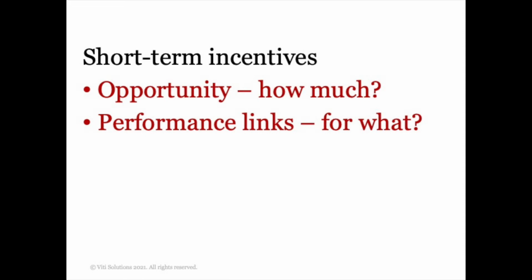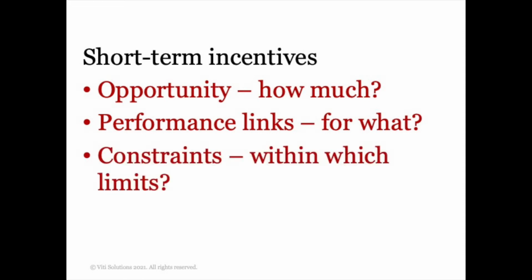And those levels will be then linked to the constraints that we put around the short-term incentive. So the first constraint will be at what point do we pay at all? So at what point do we not pay below? And we can refer to that as the threshold level of pay. And the threshold may impact all of the incentive or just part of the incentive.